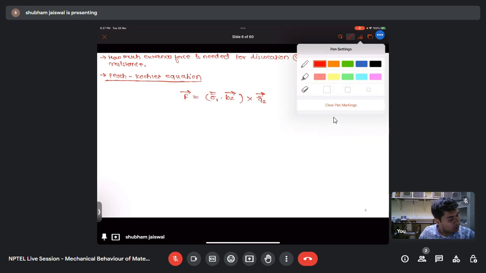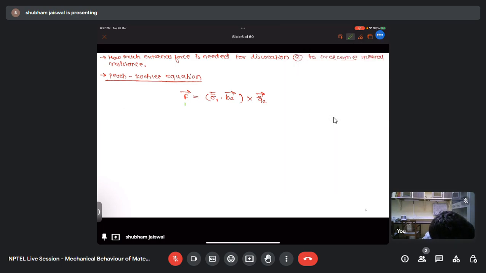So here in this equation, F is nothing but the force per unit length at any point on dislocation 2. Okay.